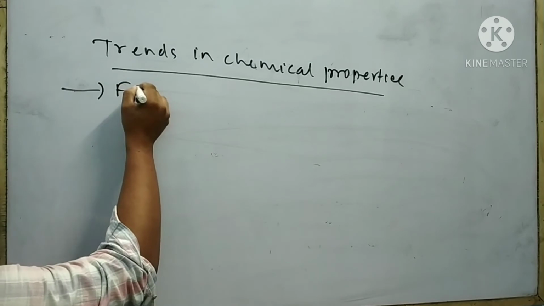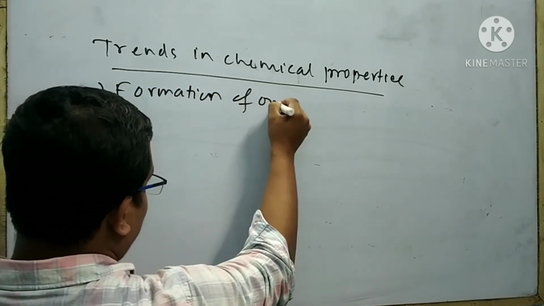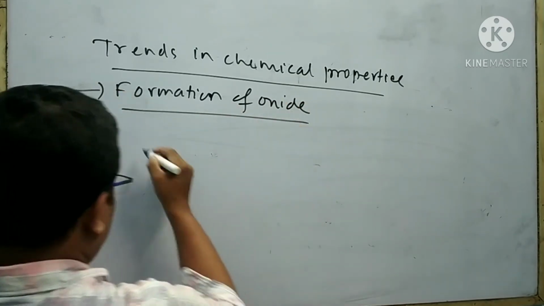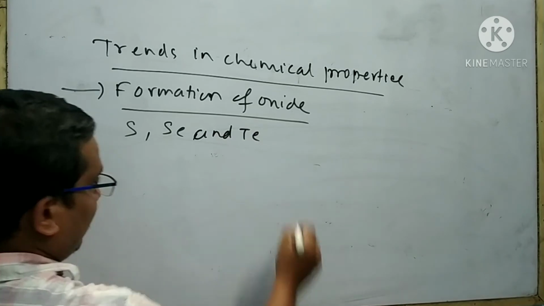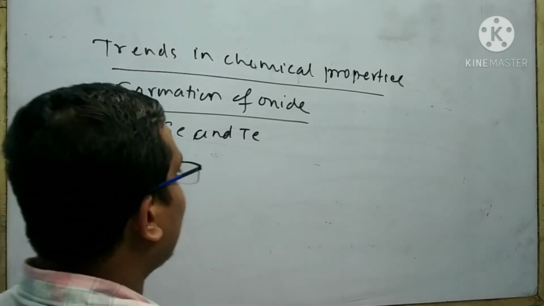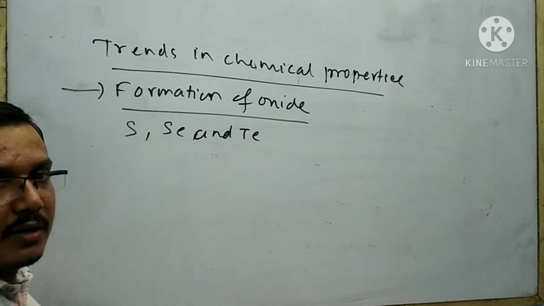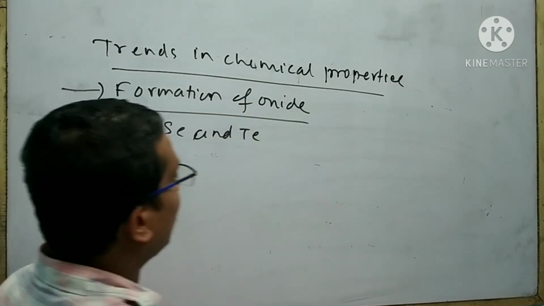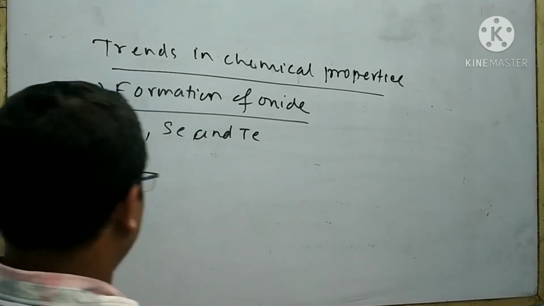Next chemical property: formation of oxyacids. Sulfur, selenium and tellurium can form similar oxyacids. These are formed by the reaction of dioxide and trioxide with water.